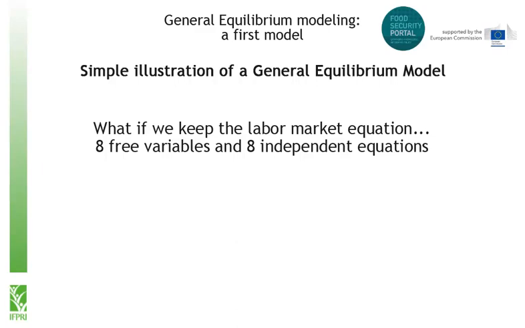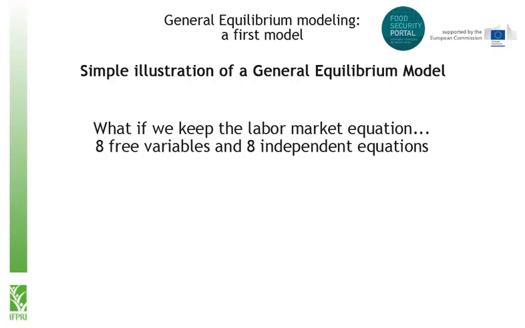They do not want to give up one equation. In our case, a model of an economy without a labor market equation would be a little weird. So we have to keep the labor market equation and have 8 independent equations. And so we must have 8 free variables.